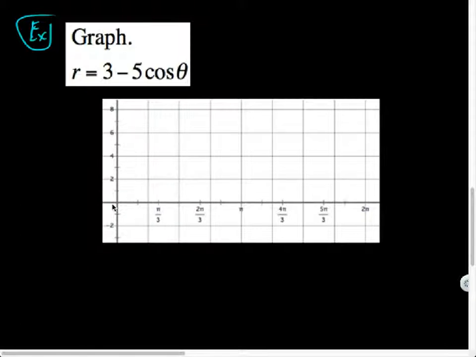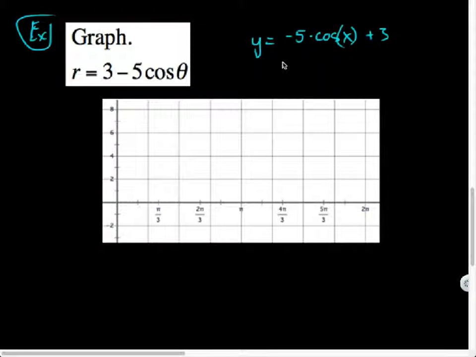Notice my values are all shifted around here. If this is y equals, I'll write it in blue, why not? y equals -5 times the cosine of x plus 3 on the outside of that.